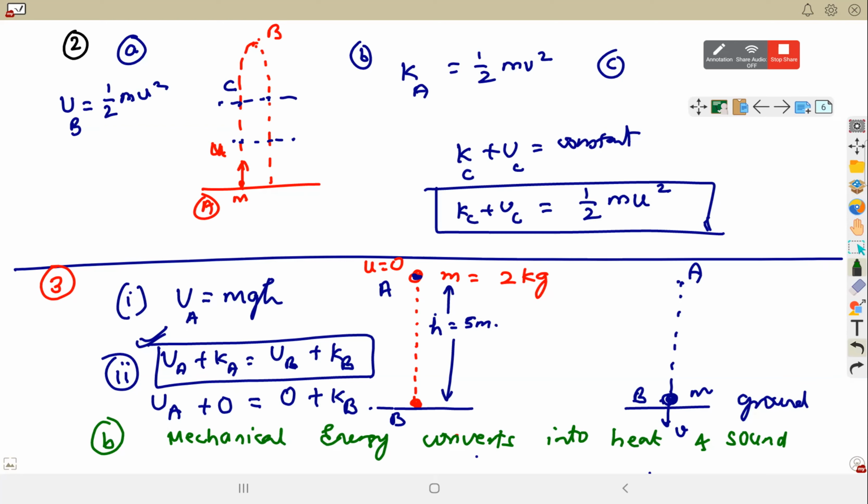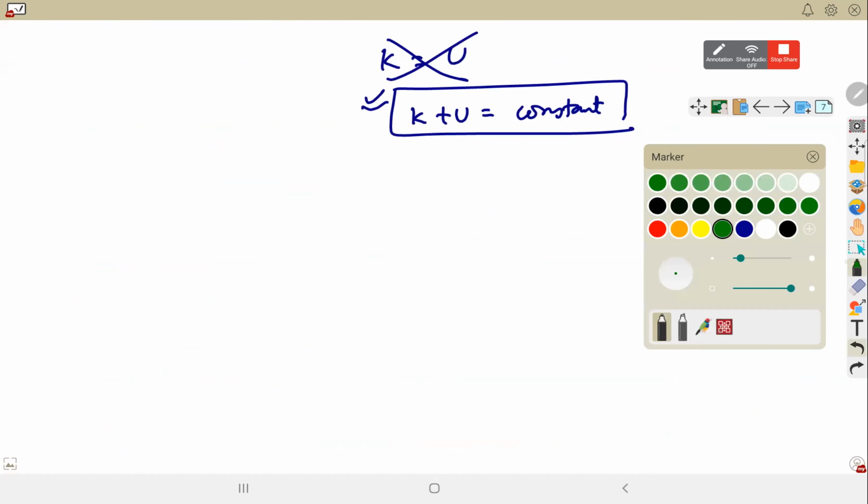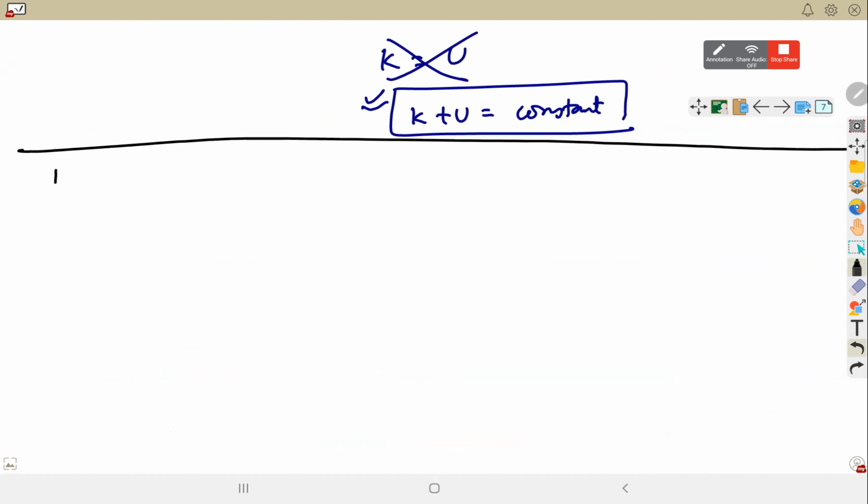Okay, Riddhi, question number 4. That's for you. The diagram given below shows a ski jump. A skier weighing 60 kgf stands at A, the top of the ski jump, which is 75 meters high.